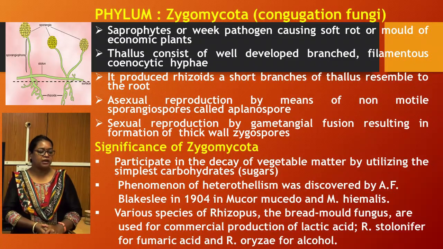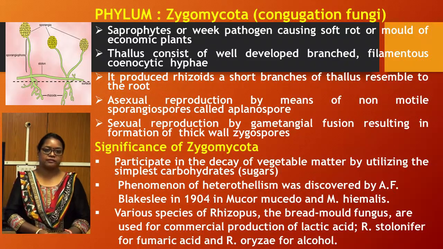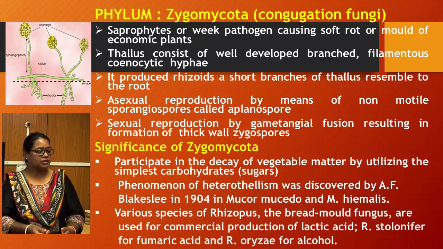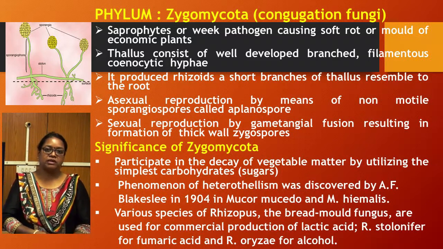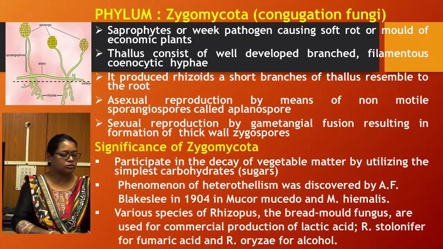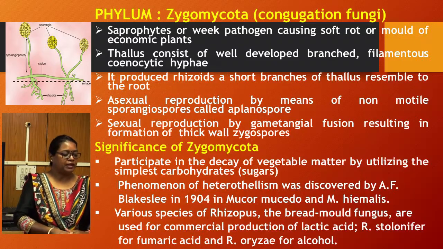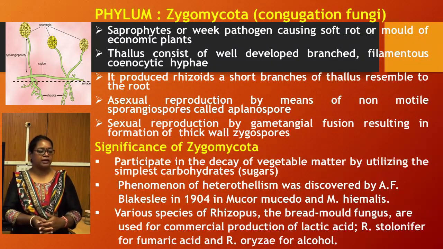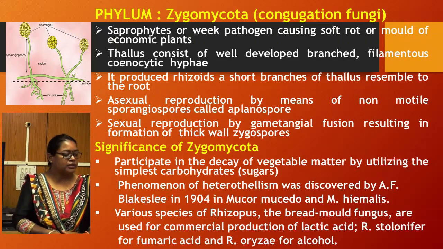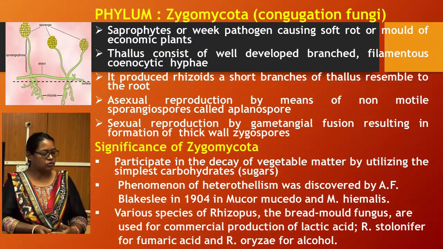They produce rhizoids, short branches of thallus which resemble roots. Their asexual reproduction takes place by means of non-motile sporangiospores, also called aplanospores, and they reproduce sexually by gametangial fusion, resulting in formation of thick-walled zygospores.